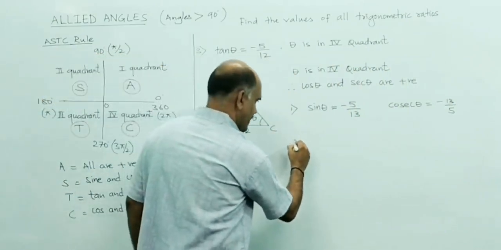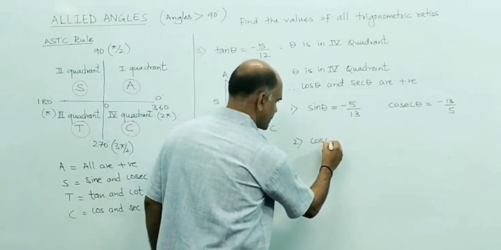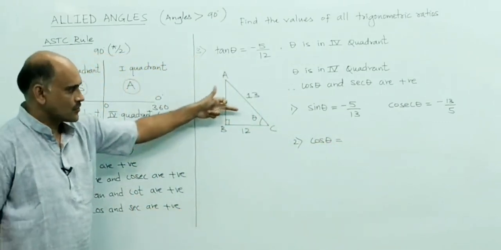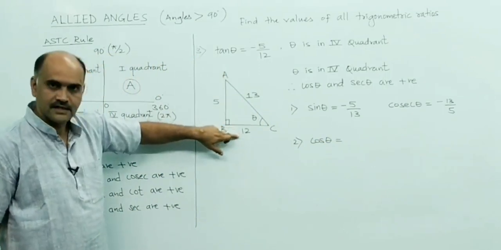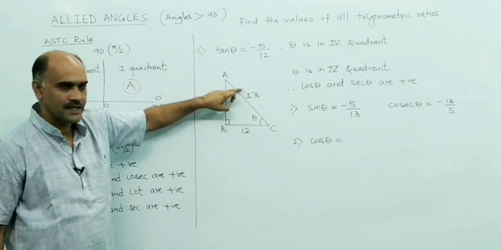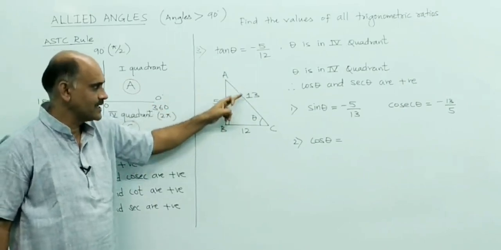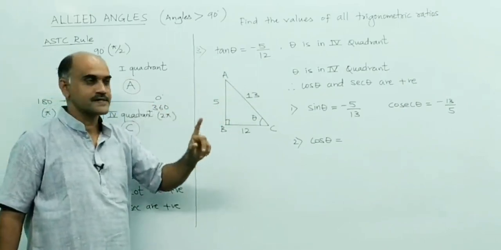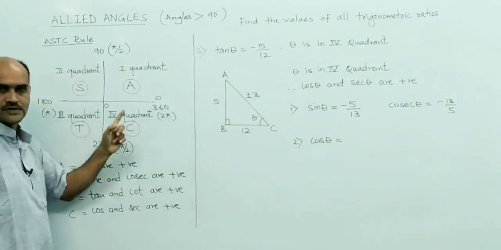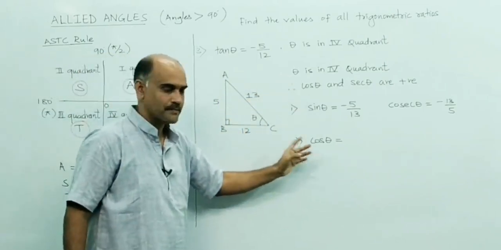Now similarly, second, cos theta. Cos theta is adjacent by hypotenuse, which means 12 by 13. Plus or minus, you can check here. In the fourth quadrant cos is positive, so you should take plus.